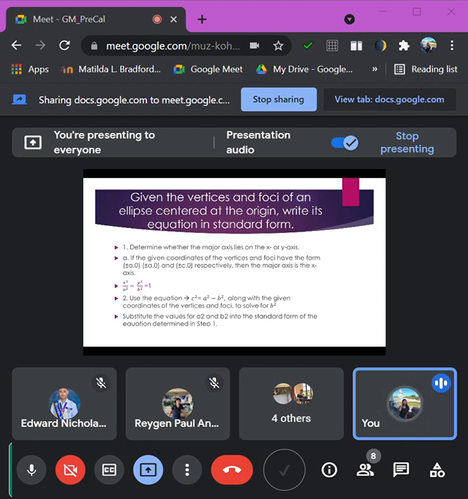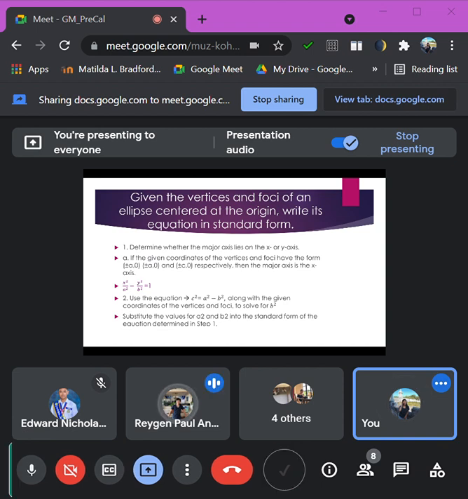So we have for number 1, we are going to determine whether the major axis lies on the x or y axis. So how are we going to know if it lies on x or y axis? Unsaon nato pagkahibaw nga naa siya nakalie sa x or y axis?